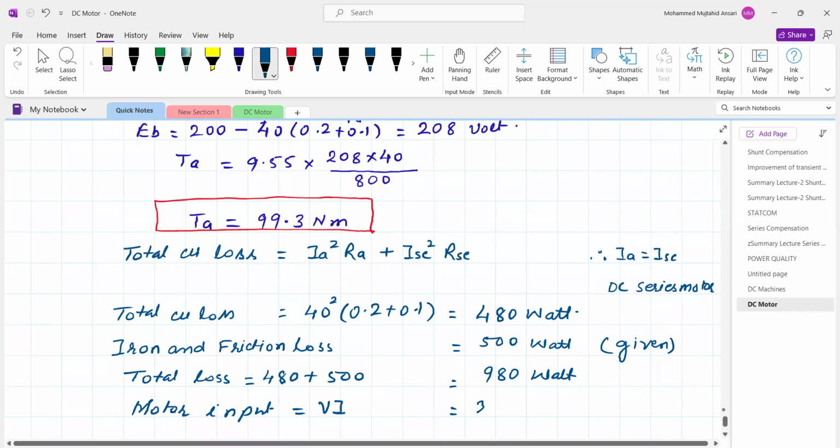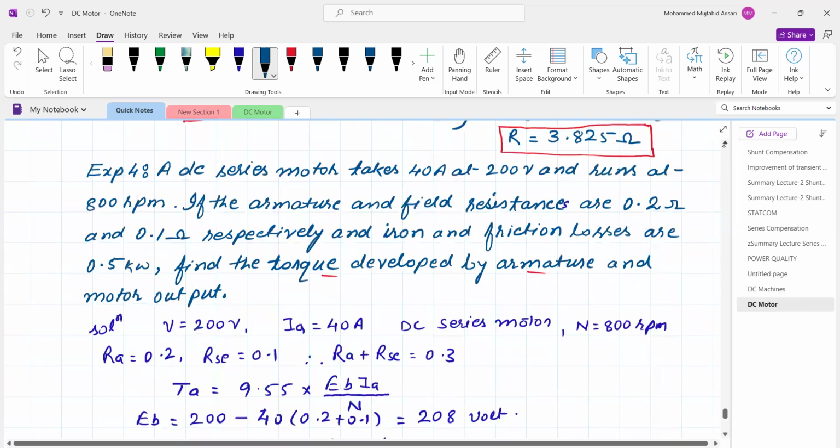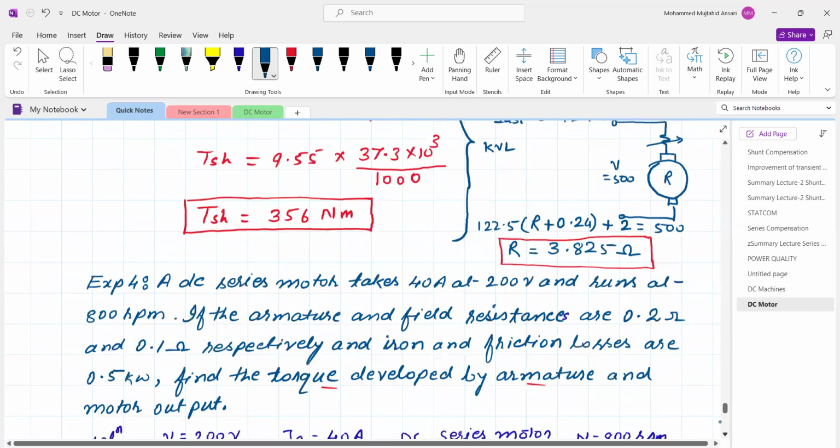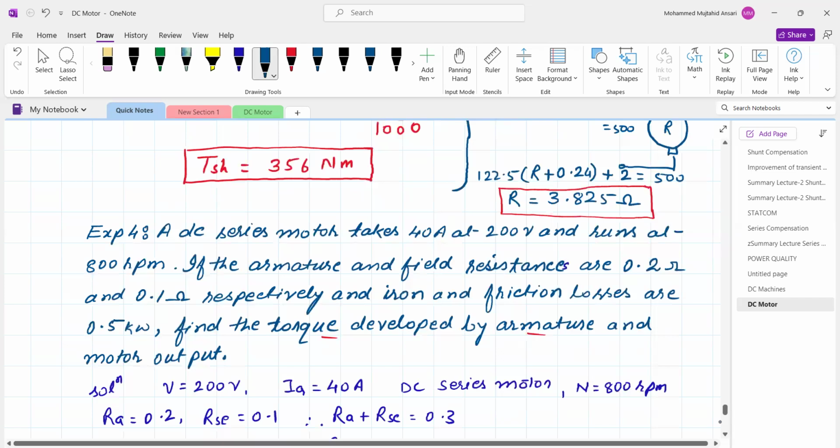The motor is operating at 220 volt. This is in the example, it is 220.